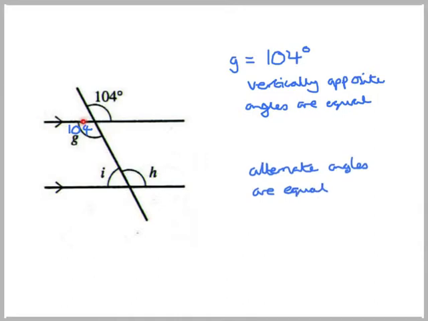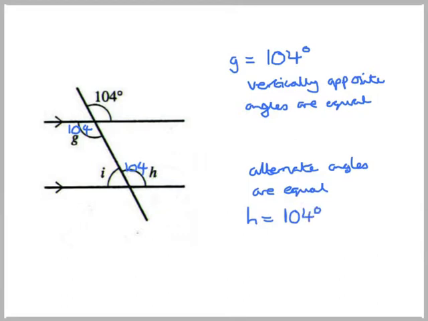So the Z shape occurs in here, and where that occurs, this angle here and this angle here must be the same as each other. So I know that H must be 104. So the reason for that being that there are alternate angles.